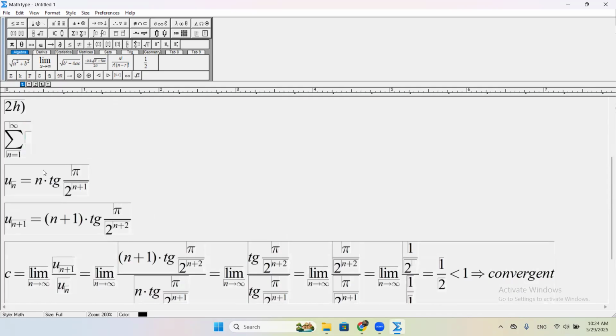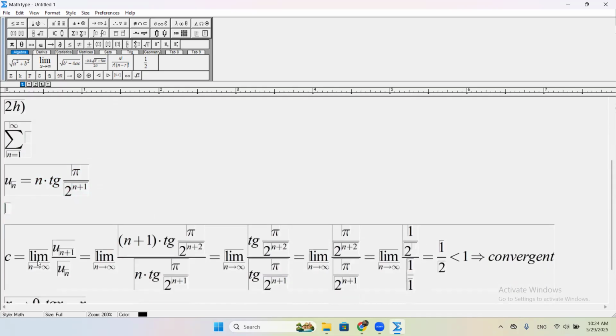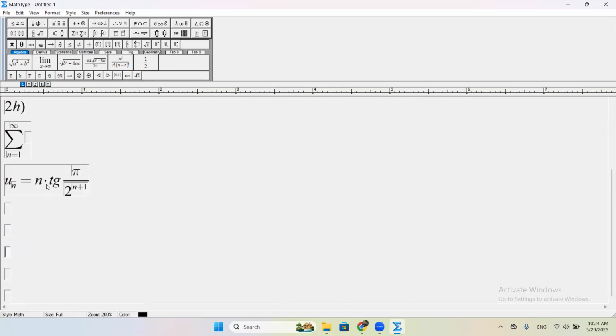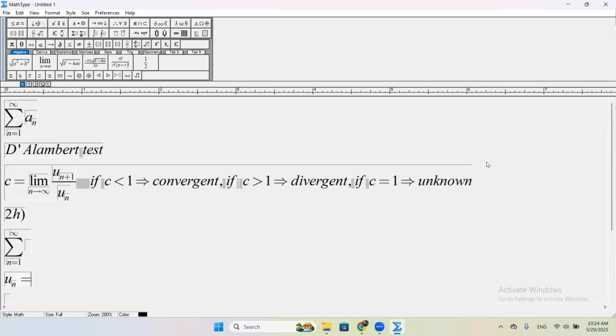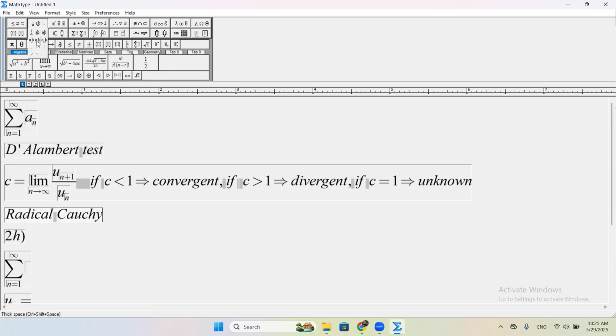So now moving to the next exercise. We will use another test, radical Cauchy test. First of all, I will write it down. We will calculate the following limit.